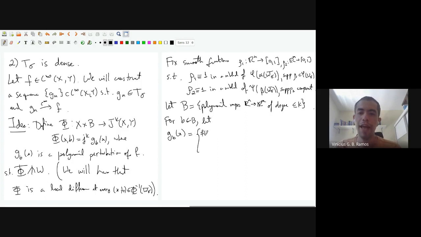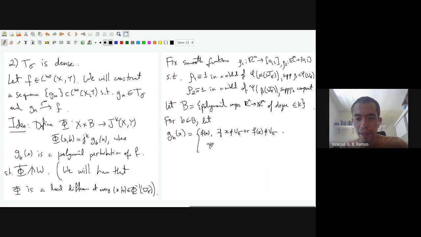So it's going to be f of x if x is not in U sigma, or f of x is not in V sigma. So if the domain is not in U sigma or the image is not in V sigma, then I don't change anything. But if I'm in U sigma and the image is in V sigma, then I define the following things.